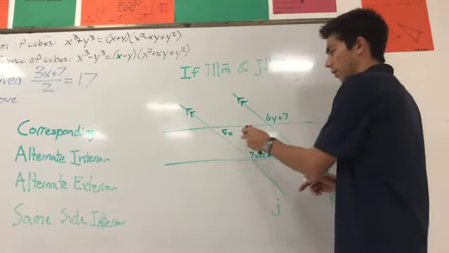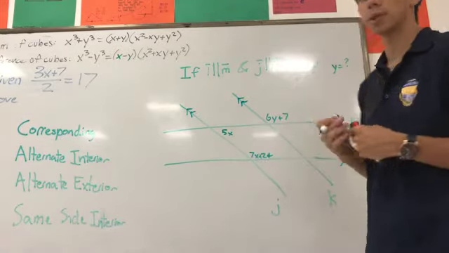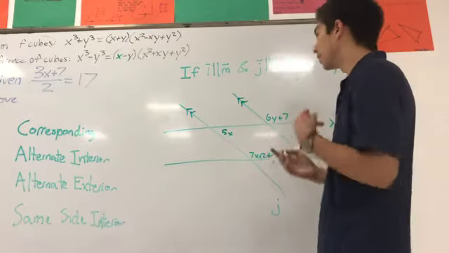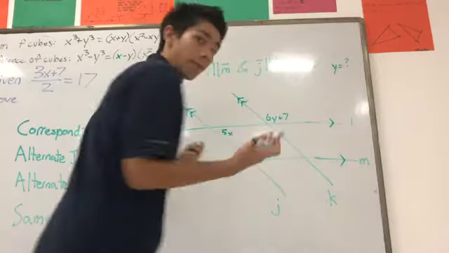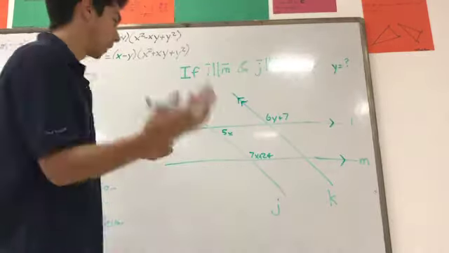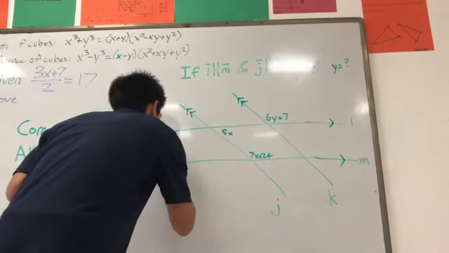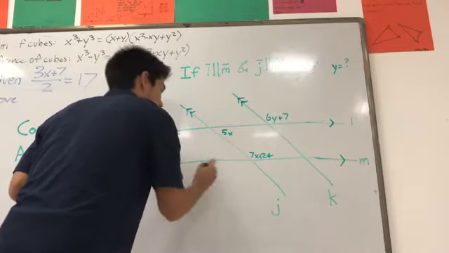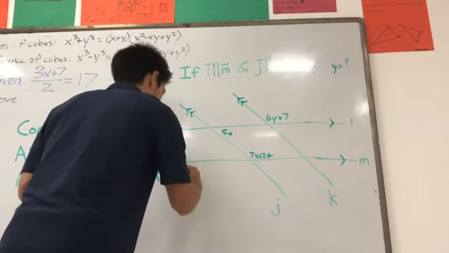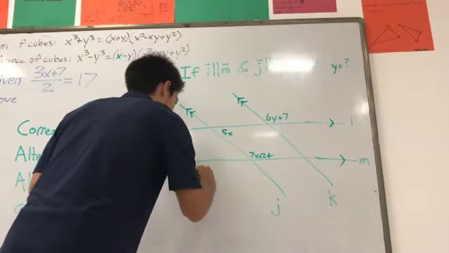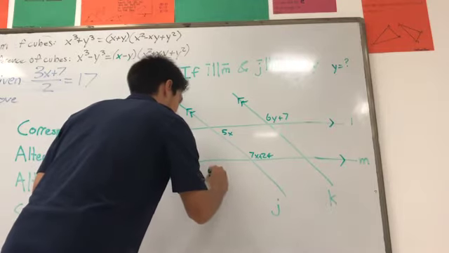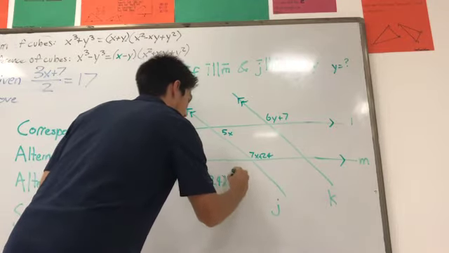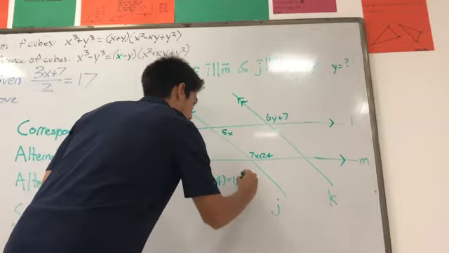So these are same side interior angles, which means they should add up to 180. So I'm just going to write that down and start with my equation. I know that 5x, one angle right here, plus the other same side interior angle, 7x plus 24, are going to add up to 180.